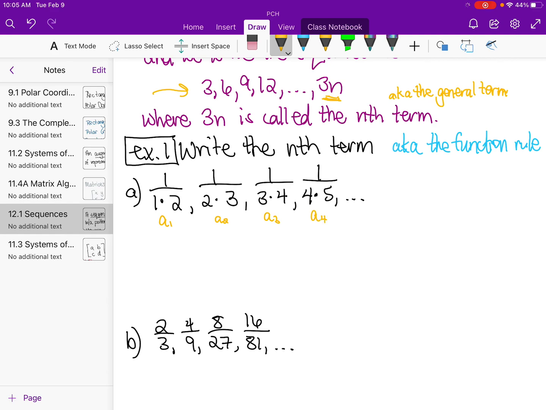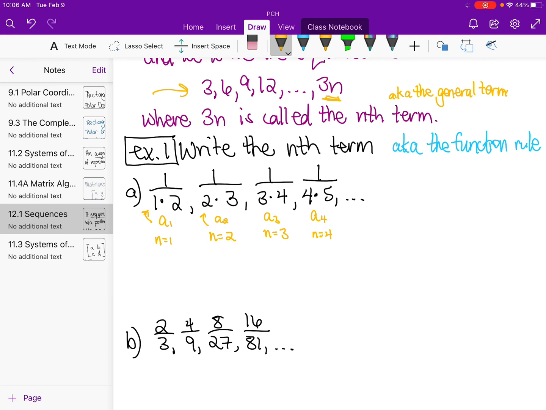This is a sub 1, this is a sub 2, and so on. And then realize that we got that first term by plugging 1 into something. Here we plugged 2 into something, here we plugged 3 into something, and here we plugged 4 into something. So we need to figure out what that thing is.